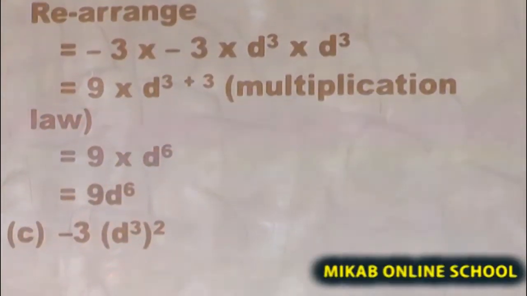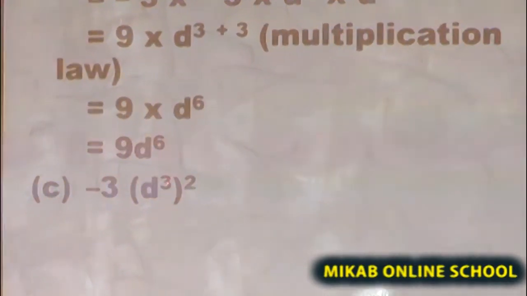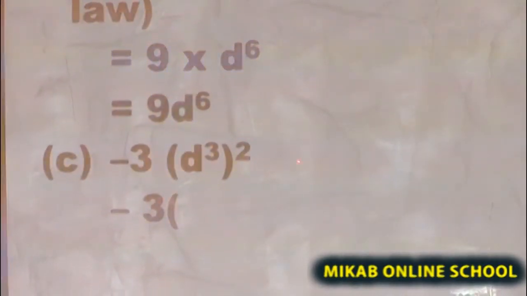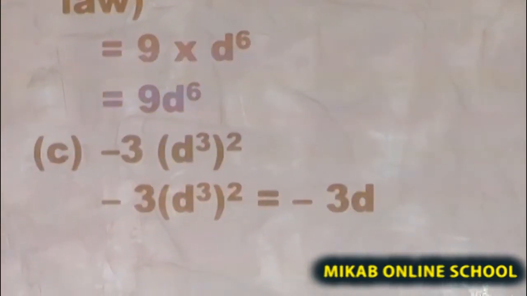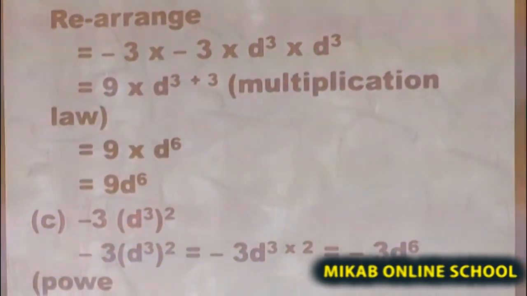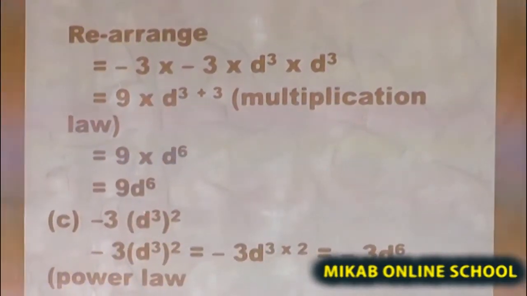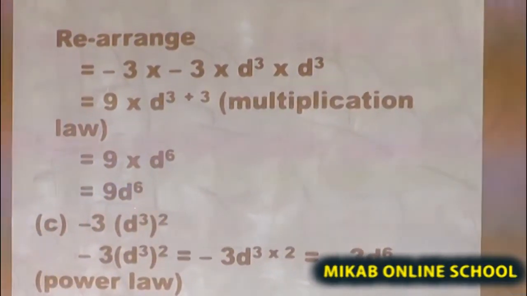-3 into the bracket of d raised to the power of 3, close bracket, raised to the power of 2. If you compare this question to the previous one we solved, the previous one had this -3 within the bracket. But in this case, it is only this d raised to the power of 3 that is within the bracket.